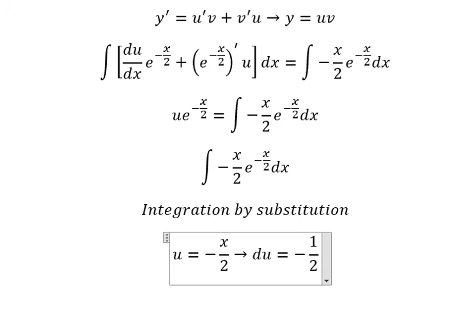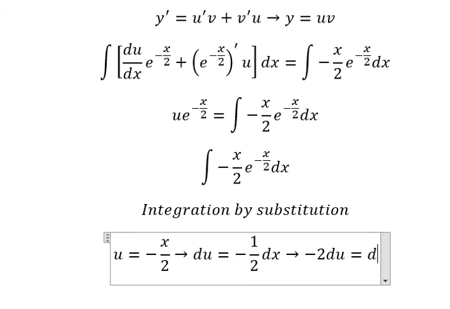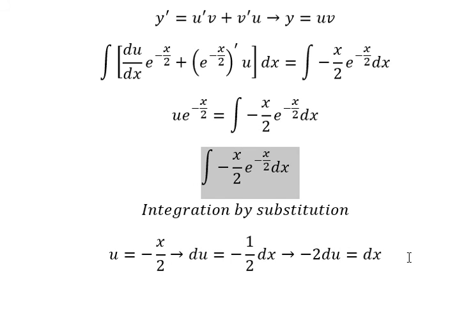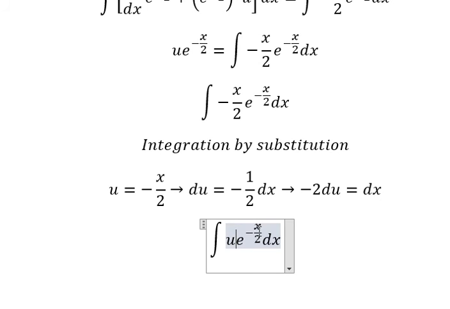We have negative 1 over 2 ds. So we put negative number 2 on the left. This one we have u. This one we have u ds which has negative number 2 du.